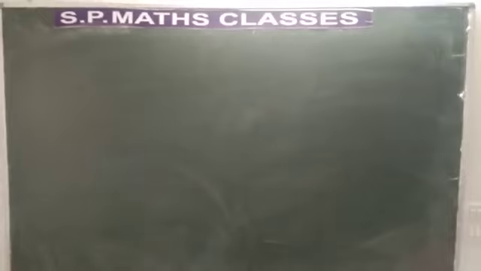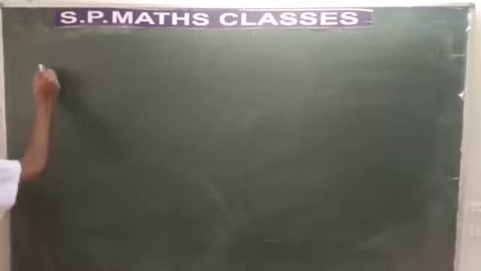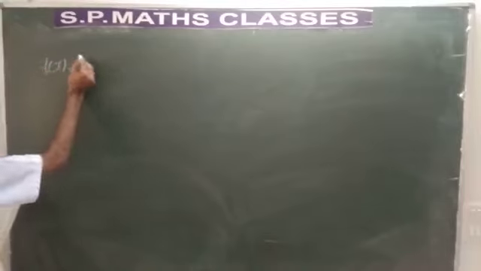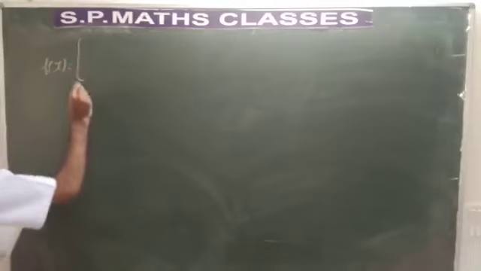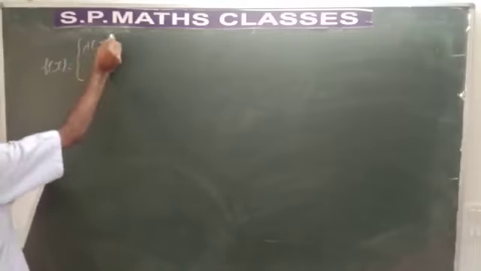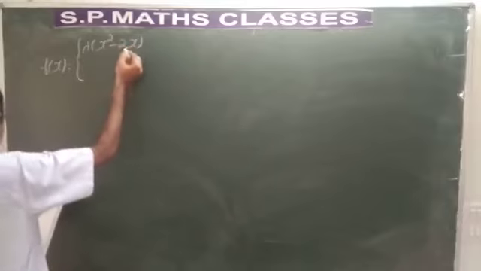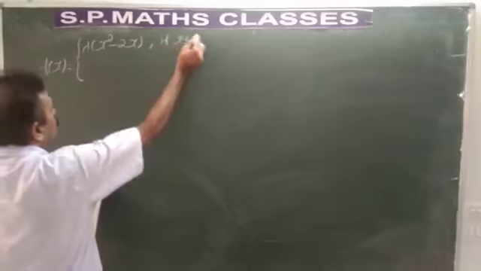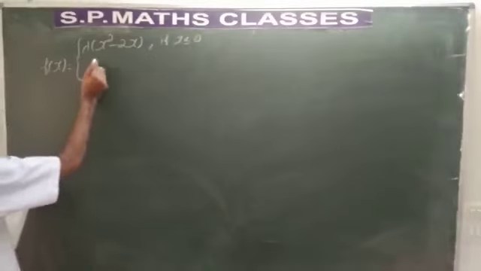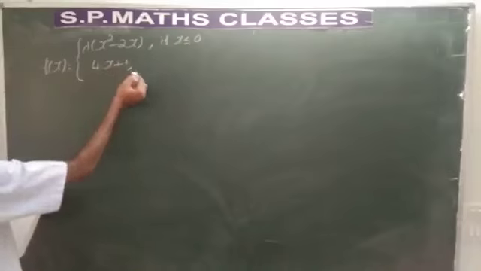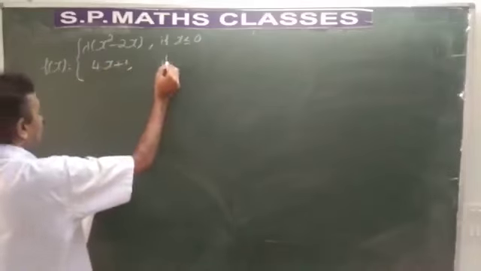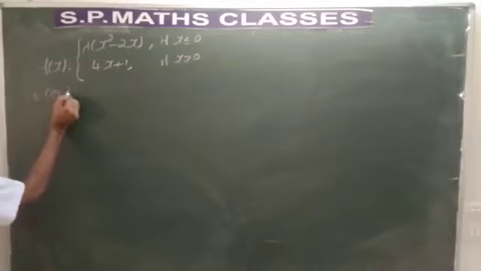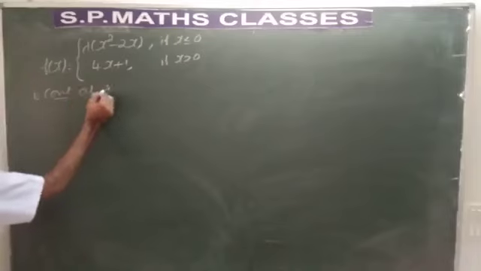Next, for what values of lambda, it is given, for what values of lambda is the function defined by f of x is equal to lambda into x squared minus 2x if x is less than or equal to 0, and 4x plus 1 if x is greater than 0, continuous at x is equal to 0.